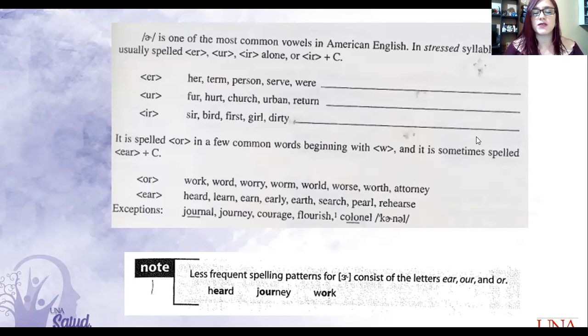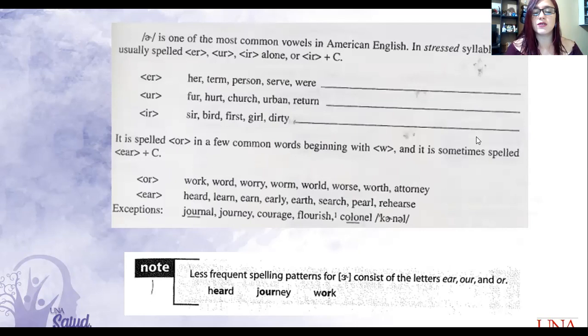Okay, we have the exceptions. Here we have the exceptions, okay? They are important because these ones are exceptions since they do not follow any of these spelling patterns. So we have the words journal, journey, courage, flourish, and kernel.